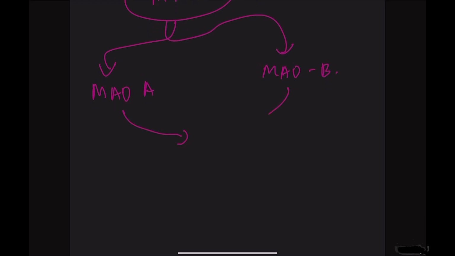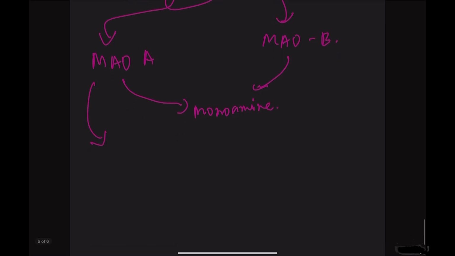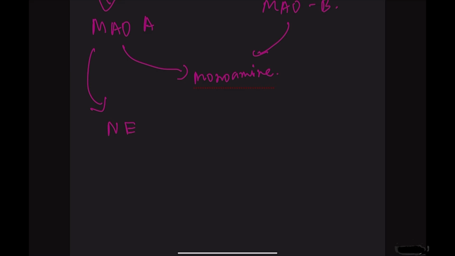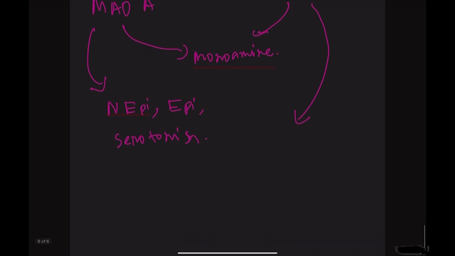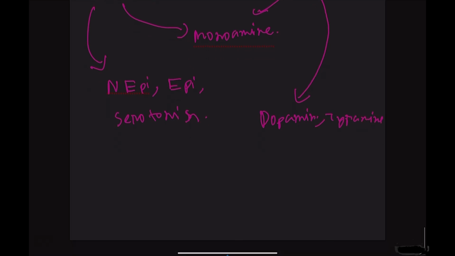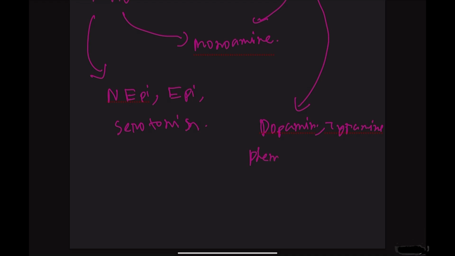So they both metabolize monoamines, but there is some difference: monoamine oxidase A metabolizes norepinephrine or noradrenaline, epinephrine and serotonin. Okay, and monoamine oxidase B metabolizes dopamine, tyramine and phenylethylamine.